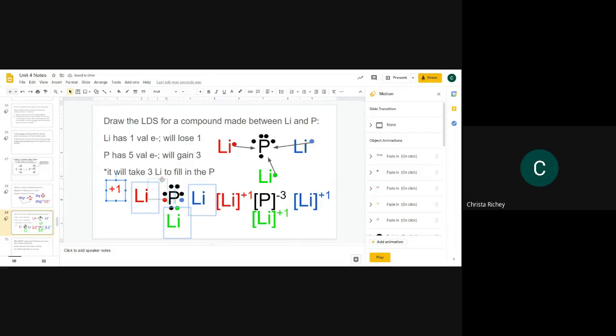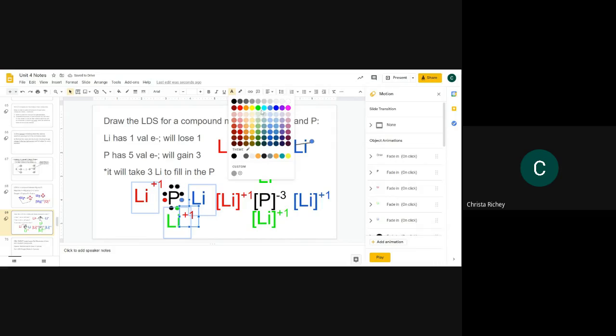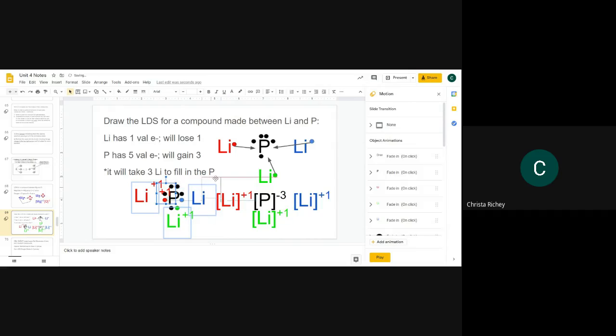So the lithium will be +1. Bear with me a second here. I'm going to change this to green. Green. I'll change you to blue. Okay, so if you're doing it with dots, that's what it'll look like.